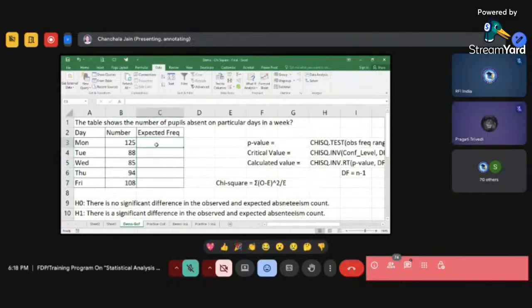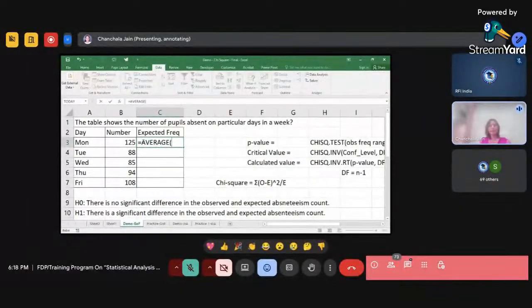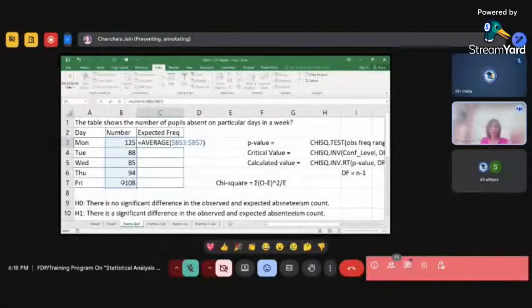So maybe I can write here the function AVERAGE, right? I'll select the complete range and I will freeze the range because I want to copy the same formula throughout the remaining 5 cells and I do not want to change the range. I have frozen it using the F4 key on my laptop.